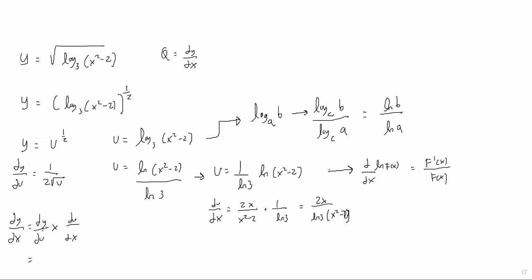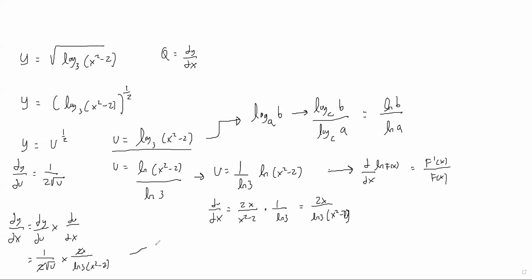Then we input all the values that we just found. dy over du is 1 over 2 square root of u, multiplied by du over dx, which is 2x over ln 3 times (x squared minus 2). Now, because it's a multiplication, obviously we can cross out the 2 here, so that's gone. And then we change the u value back into the original, which is log base 3 of (x squared minus 2).